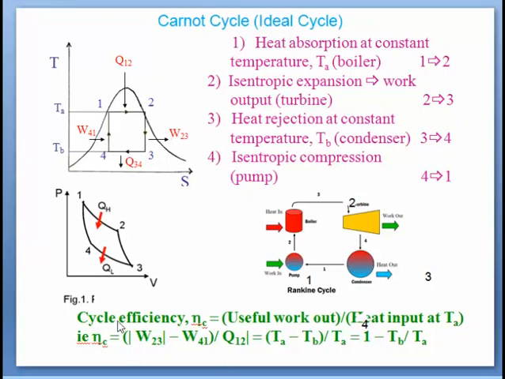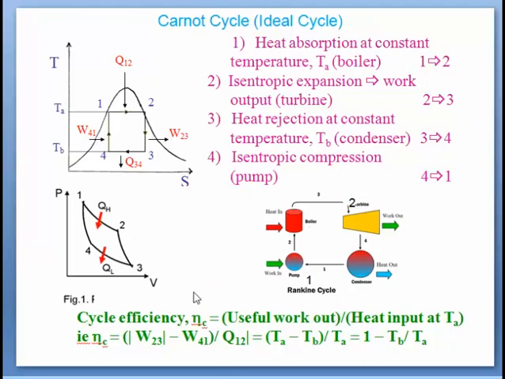Now we will talk about the efficiency of the Carnot cycle. So efficiency is given as output upon input. So here output is net work and input is net heat added in the system, heat added in the boiler.